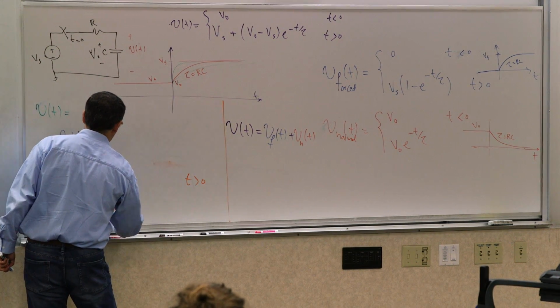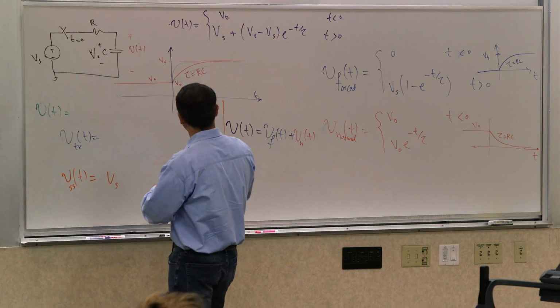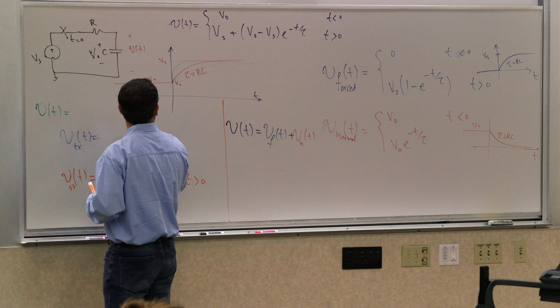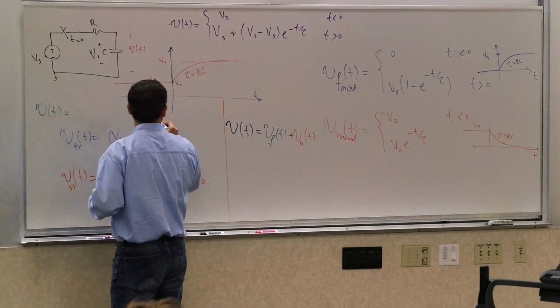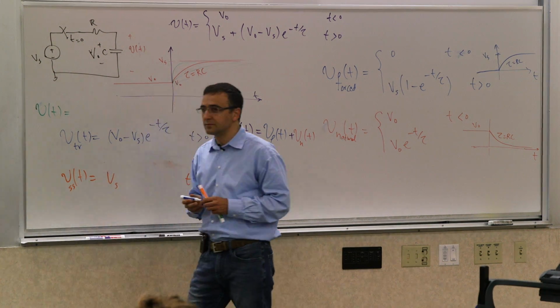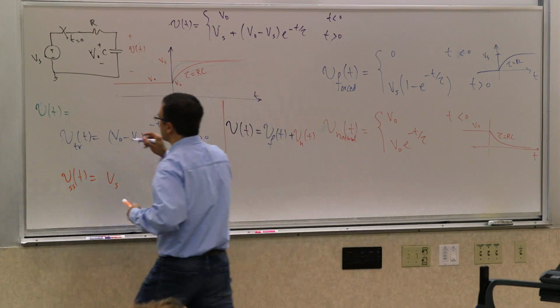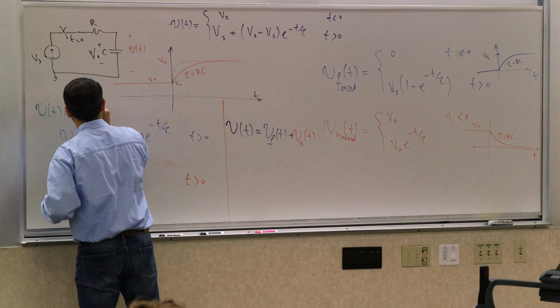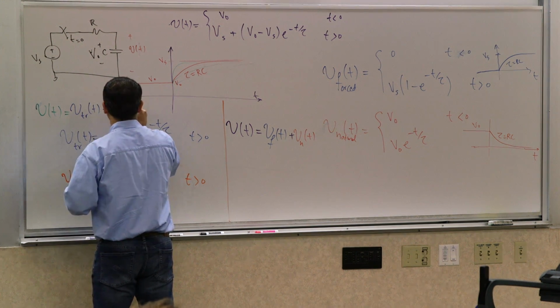Let's say V SS is Vs, and V TR is V0 minus Vs times e to the minus t over tau, also for t greater than 0. This is another decomposition: V TR of t plus V SS of t.